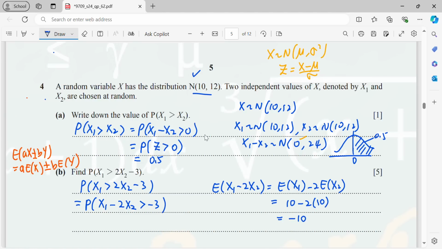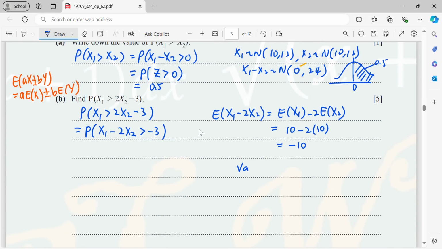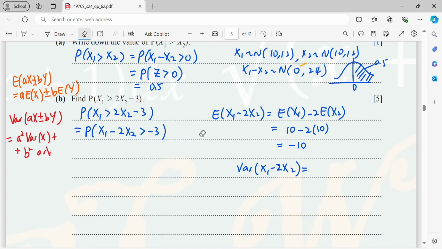Now for the variance, we have another formula. Variance of aX ± bY is a squared variance of X plus b squared variance of Y, if a and b are the multipliers.